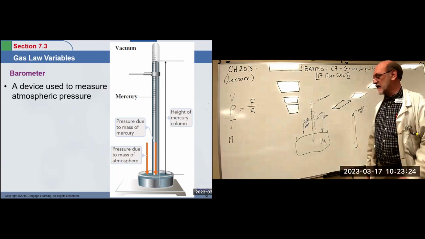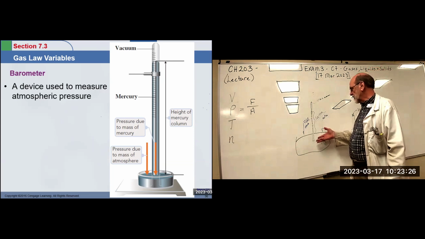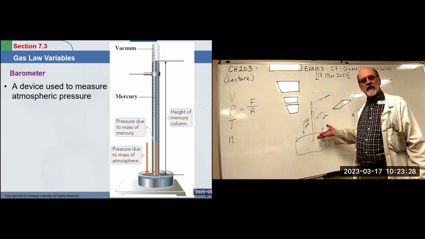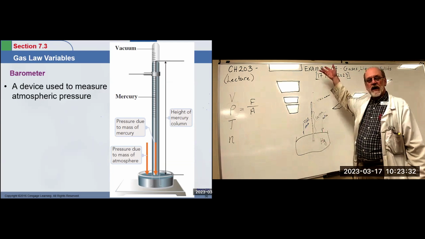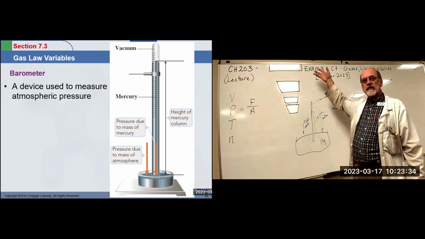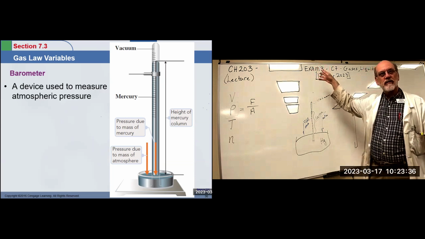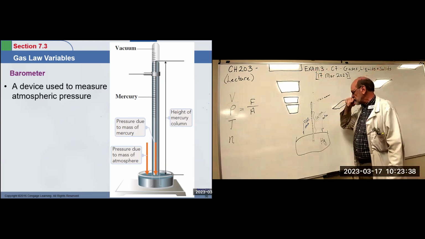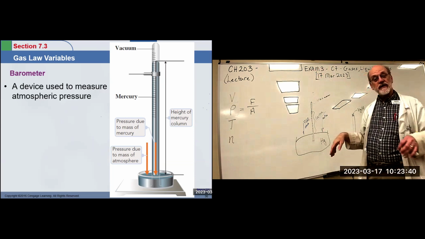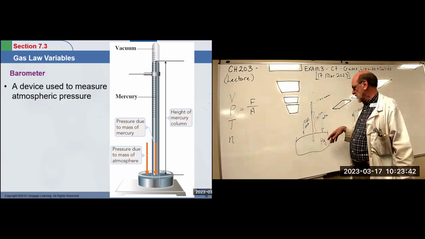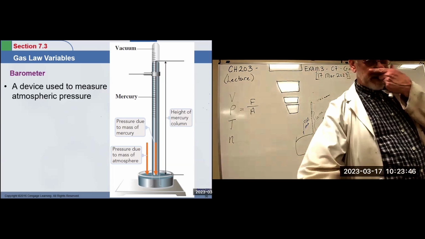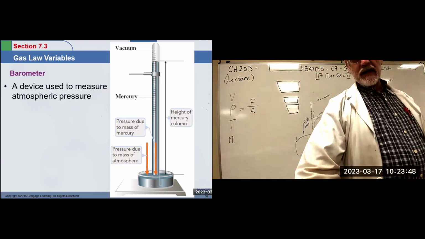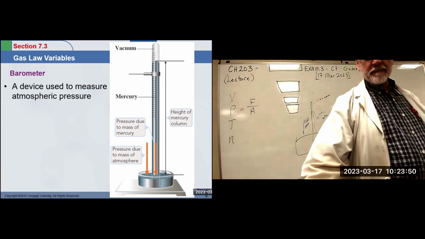The problem is that if he had used water to hold it 1 atmosphere high, the tube would have had to be at least 33 feet high and probably more. So he chose a liquid that was more dense than water, and that was mercury. Mercury satisfied all the conditions required.